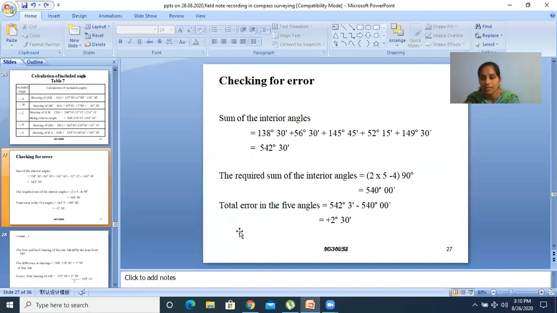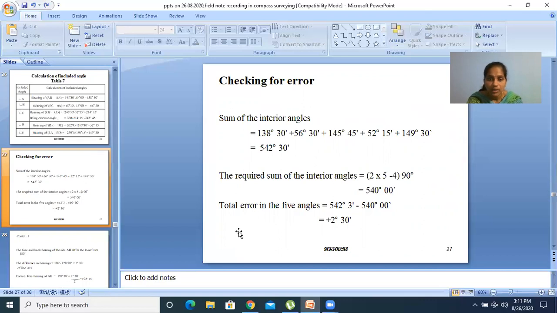The required sum is equal to (2n minus 4) into 90, where n is the number of sides or traverse legs. In our problem there are 5 stations, so 5 traverse legs. So (2 into 5 minus 4) into 90, that is 540 degrees.